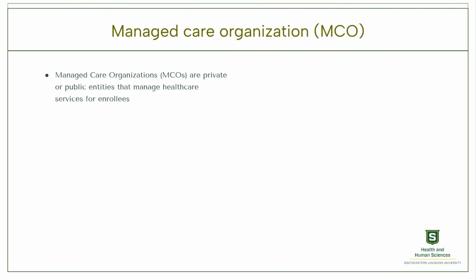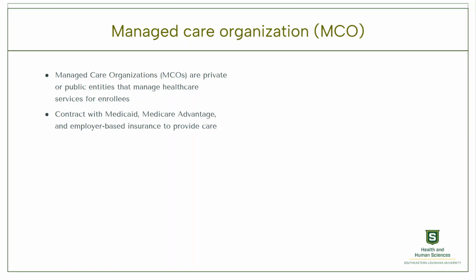Sometimes they're public, but they're mostly private. What these organizations do is try to manage the health services that are provided to people who are enrolled in them. So they are specifically concerned about people who enroll with them rather than just everybody. Their job is to manage health delivery for those who are enrolled with them.